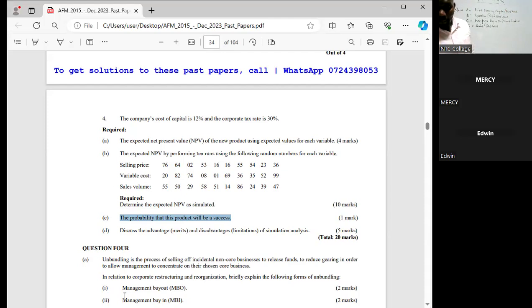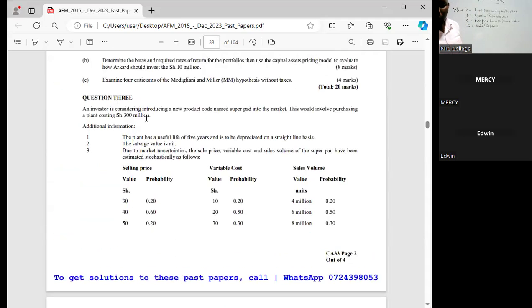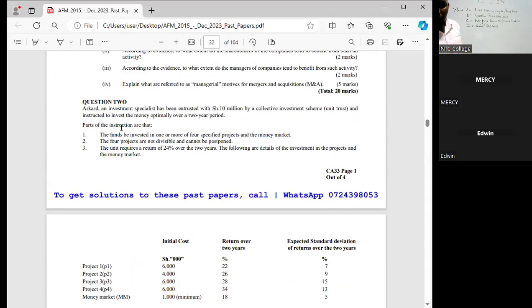Share the question. I see people are leaving, they want an example. I think this one is question number 3. Or which sitting is it? Yes. Okay.